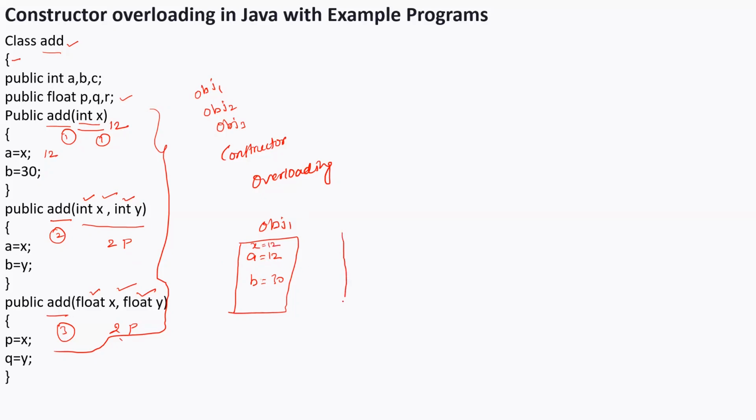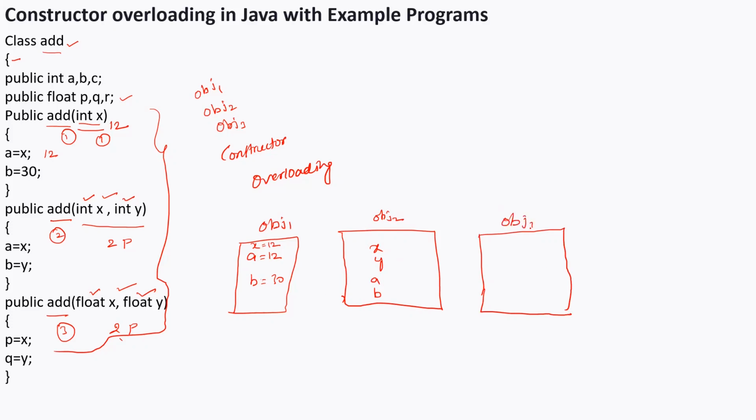Now, object 2, right? Here you have again the x value, y value, a value, and b value. The x and y values take the values which you are going to send from the main method. Okay.